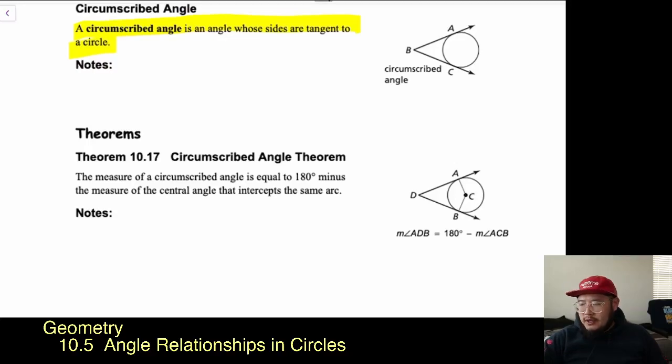Okay, so if we take a look at the angle right here, angle ADB, what they're saying is that if you take 180 and then minus the central angle, and the central angle right here is angle ACB, then you'll be able to find what angle D happens to be. So 180 minus that central angle. So you'll see that they are inside of one another.